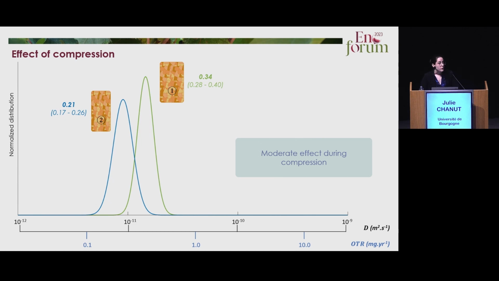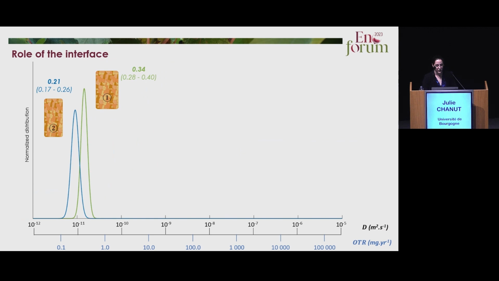And we have values for the compressed or pressed corks with a slight reduction in OTR, 0.2 milligrams per year, which means that compression performs a moderate effect on OTR, causing a slight reduction. This was for still wines.